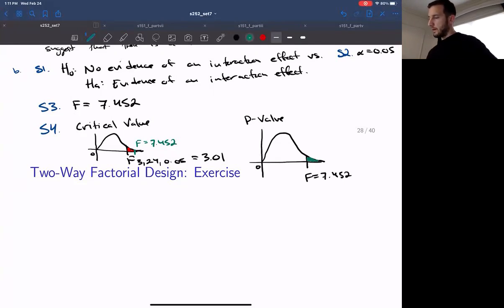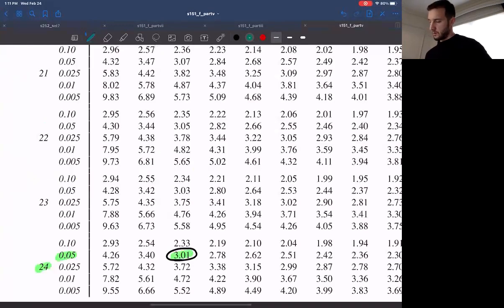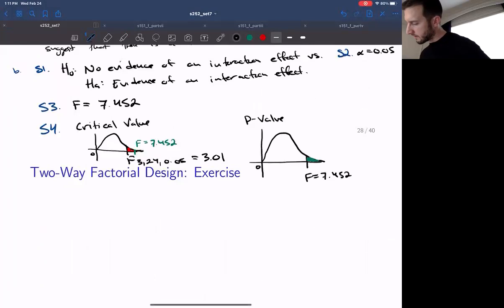So now, if we go back to our table, we're working in the same column of values here. So we can see that 7.452 is larger than the largest listed value, which means that our p-value is going to be less than 0.005. I think we've seen lots of examples of this, so we'll just say p-value is less than 0.005.